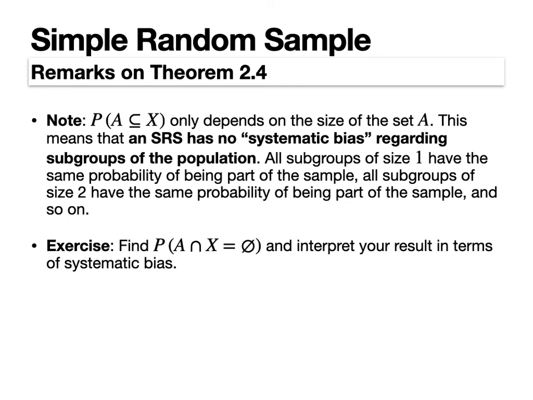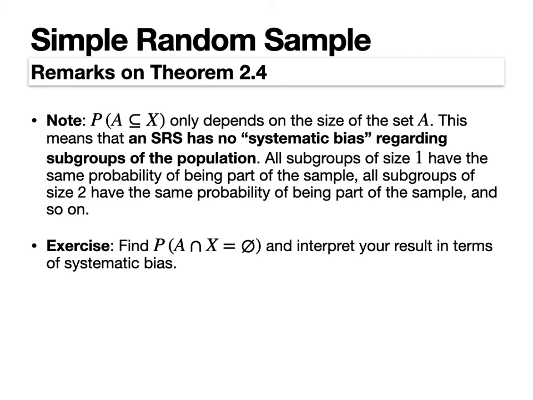All subgroups of size 3 have the same probability of being part of the sample, and so on. So no matter what subgroup you're talking about, a simple random sample is fair in the sense that that subgroup has the same probability of being contained in the sample as any other subgroup of the same size. And this is why simple random samples are sort of the gold standard for statistical sampling. They avoid any systematic bias in choosing subgroups from the population. And so on average, they're going to be representative samples.